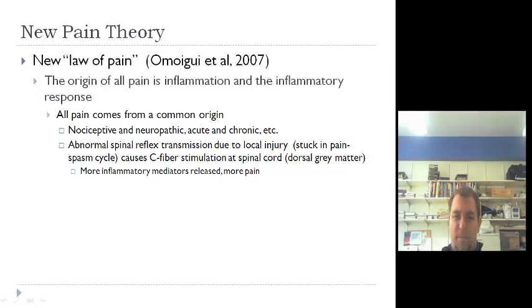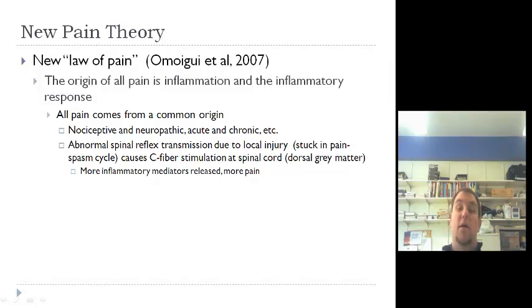So they also say abnormal spinal reflex transmission due to local injury, so you're almost stuck in a pain-spasm-pain cycle, causes C fiber stimulation at the spinal cord, at the dorsal horn of the gray matter. More inflammatory mediators are released, causing more pain in the spinal cord.